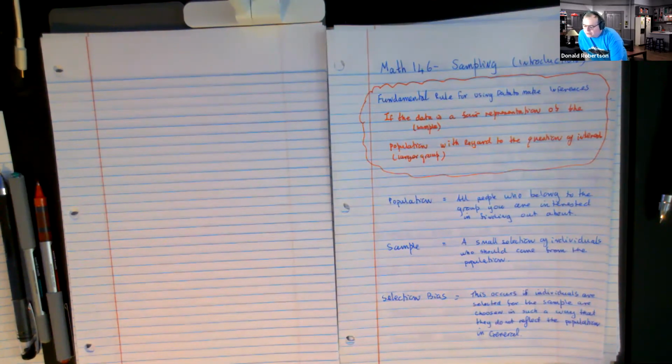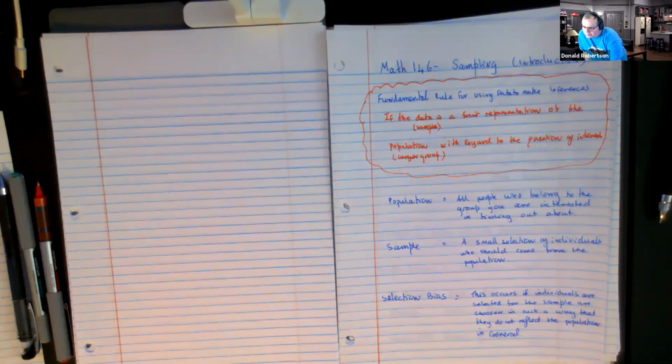So I wanted to find out how much money on average people were worth. And I decided that my sample was going to be on Bainbridge Island. So I only asked 1,000 people on Bainbridge Island how much money they made. Can you see that would be a bias?